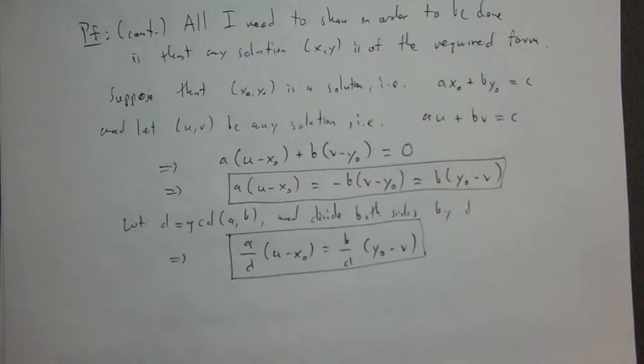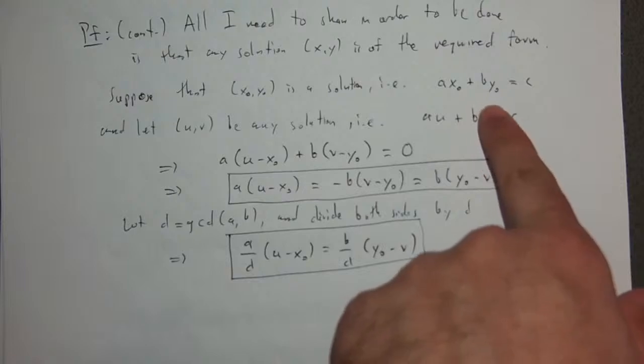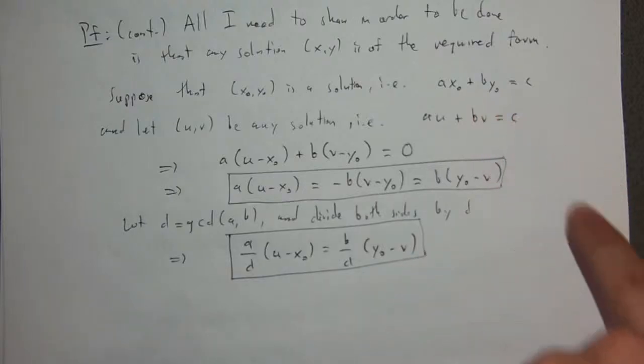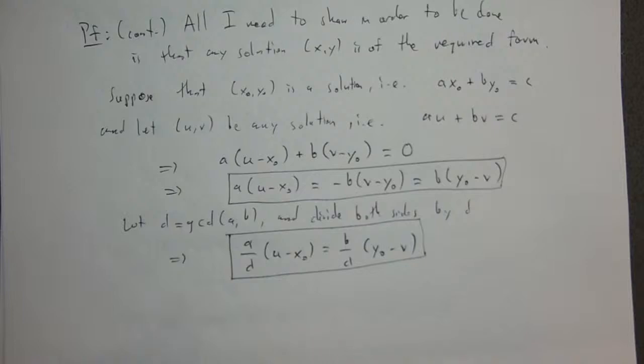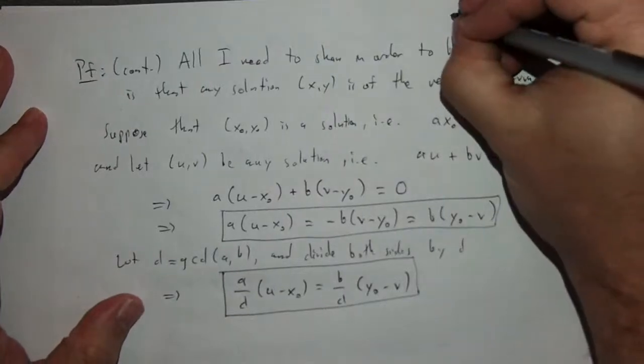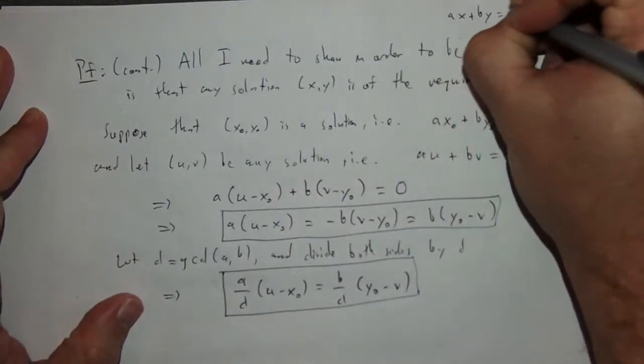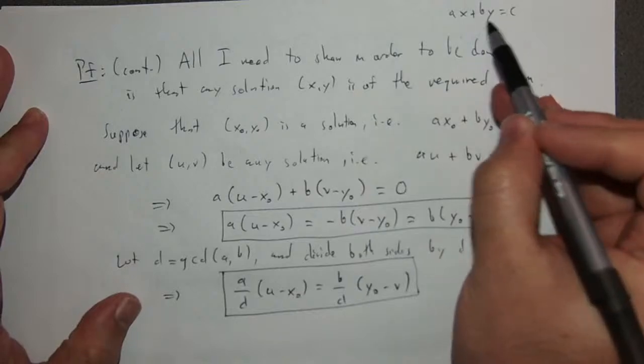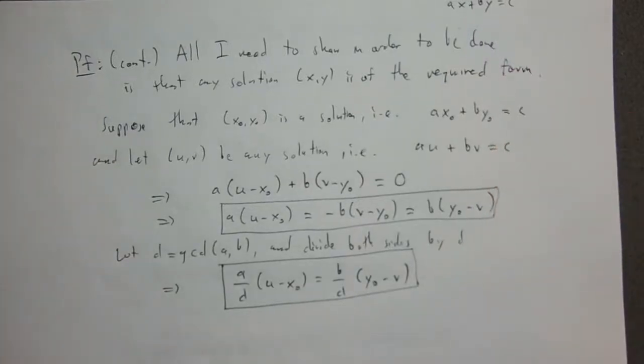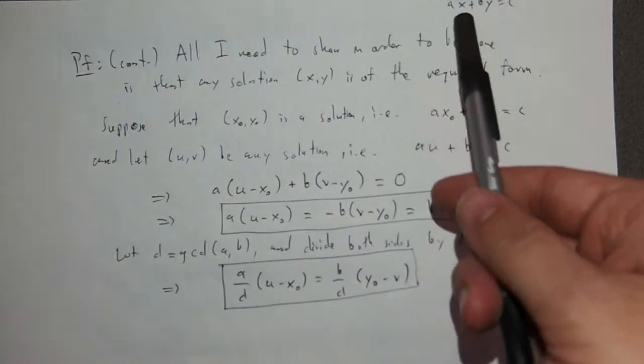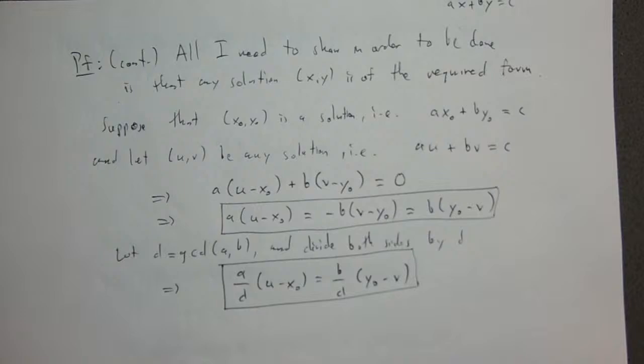So what does that mean? Well, if a is actually equal to 0, then go back to the original Diophantine equation, a x plus b y is equal to c. If a is equal to 0 in this equation, then this equation is just b y is equal to c. Okay. So in that case, x is free to be whatever you like, and you can easily find the y in that case.